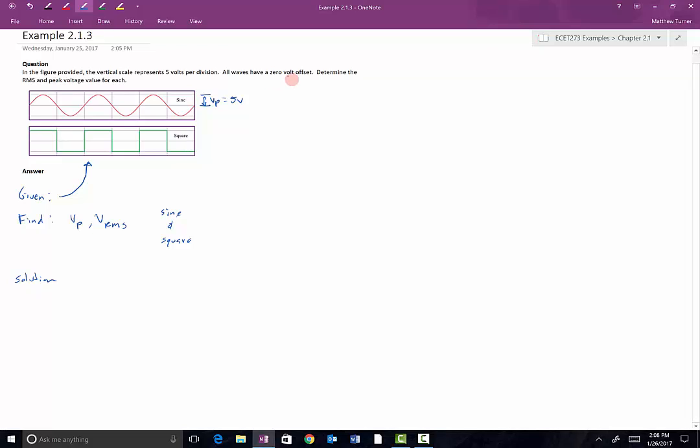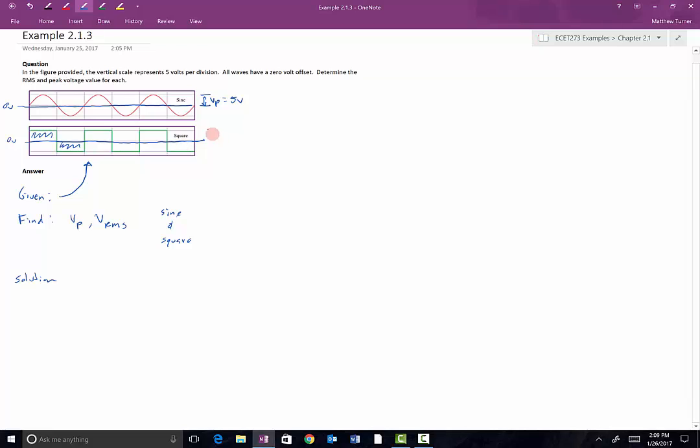The 0 volt offset is telling us that the average value of the waveform is 0 volts, which means that line right there represents 0 volts. If there's no offset for a square wave, then we know that the average value over one cycle has to be equal to 0 volts. So there's as much area up here as there is down here if that's the 0 volt setting.